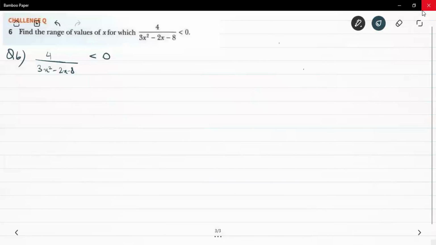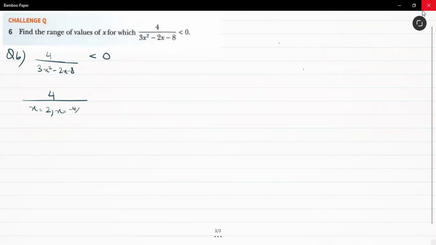Okay, so what we do is basically solve this 3x squared minus 2x minus 8 as in the denominator. So I'm going to use my calculator for now. So I'm going to get two values: x equals 2 and x equals negative 4 upon 3.